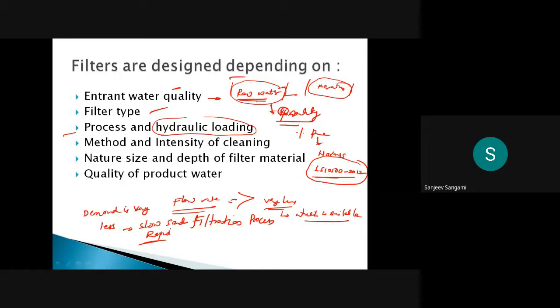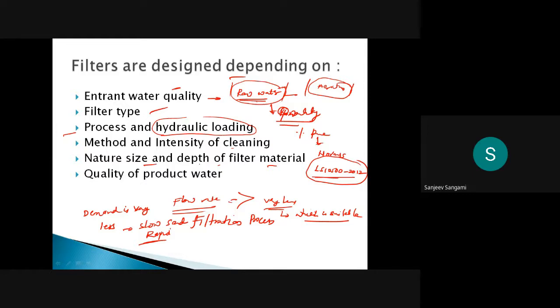Then method and intensity of cleaning. If it is manual cleaning, we'll go ahead with the slow sand filtration process. If it is backwashing systems, we'll go ahead with the rapid sand filtration process. Then nature, size and depth of filter material. What kind of materials are you using?